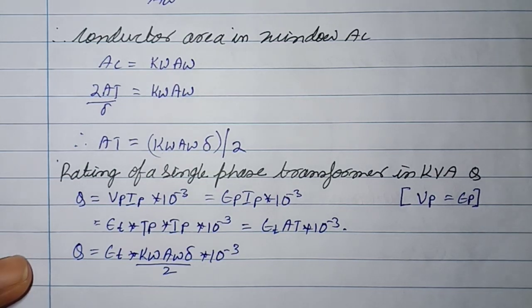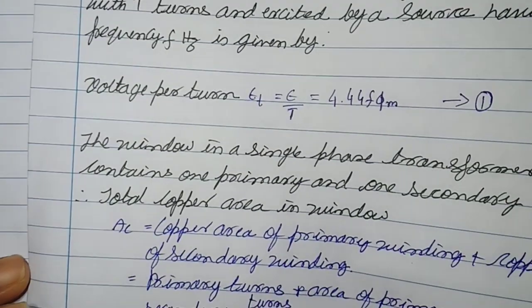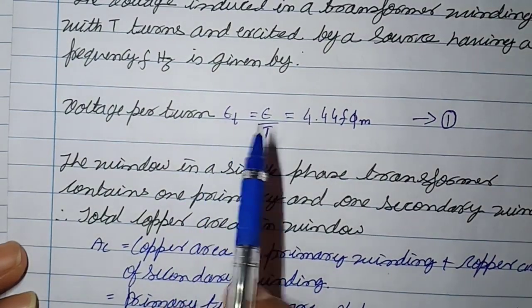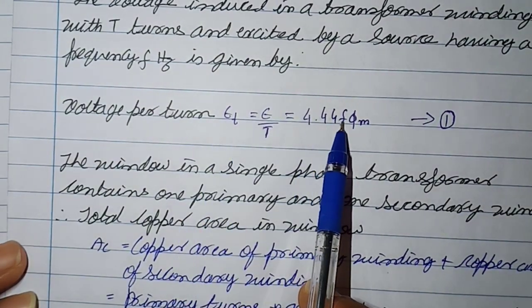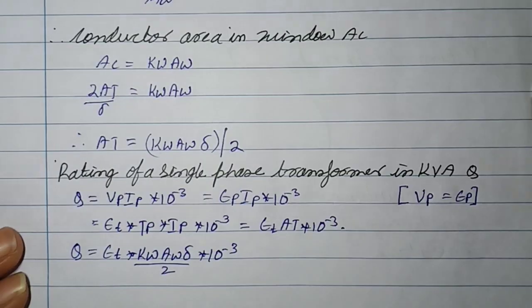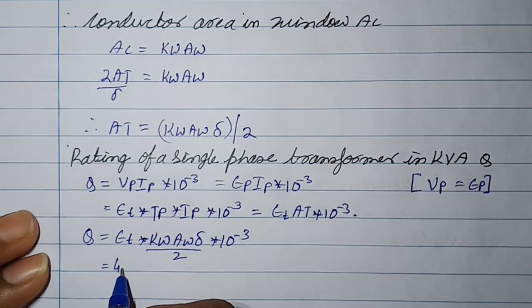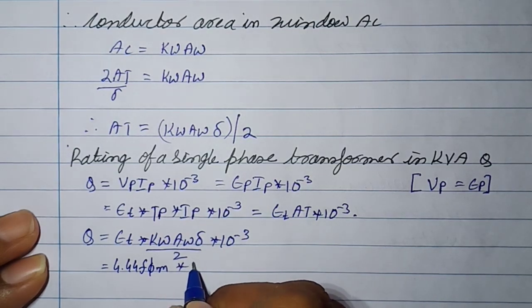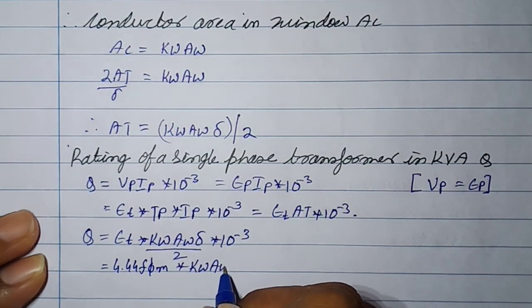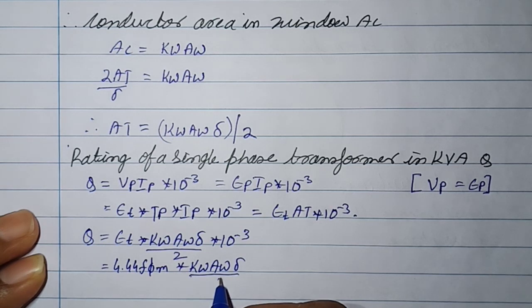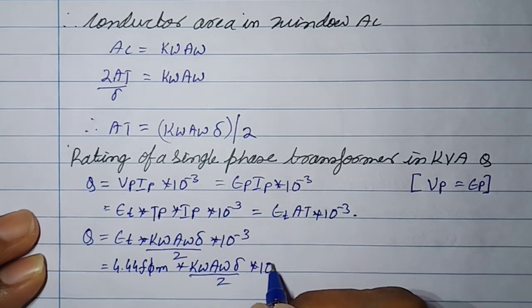Now we have the equation for Et. This is the equation for Et we have, 4.44 F phi m. That we will be substituting here. So it is 4.44 F phi m into KW AW delta by 2 into 10 raised to minus 3.